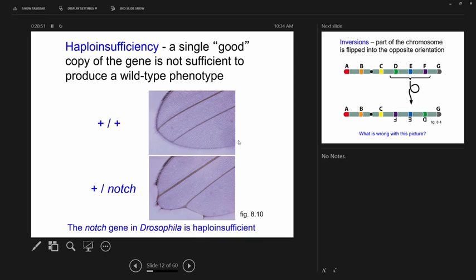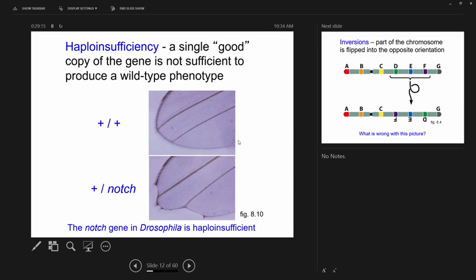There is a gene in Drosophila called Notch. It's a very important signaling receptor, like a gene for a signaling receptor. It is so important and required for development that if you are a Notch over Notch homozygote, you are dead. You die embryonically and you never become a fly.